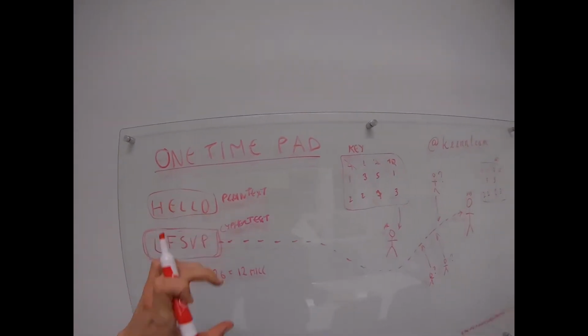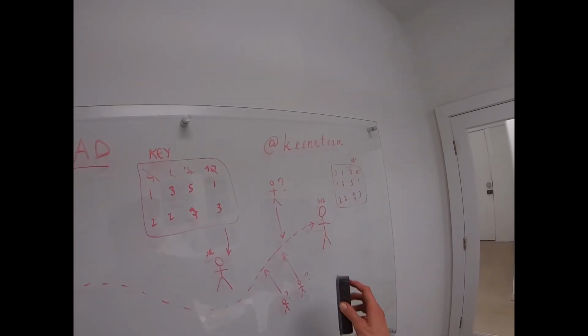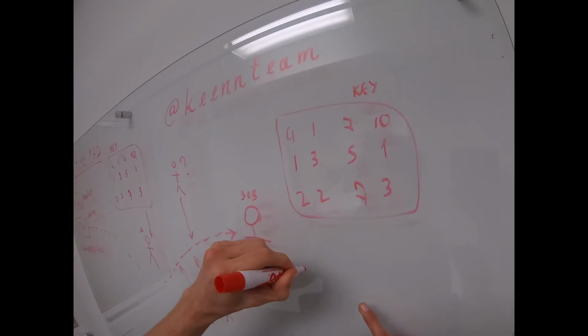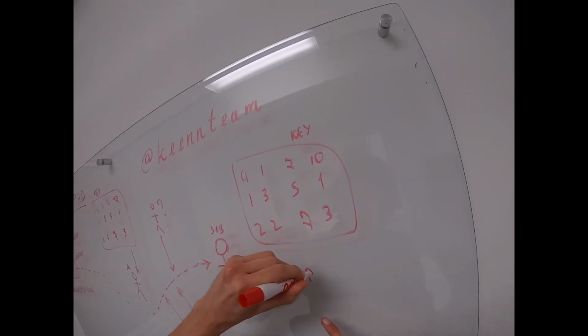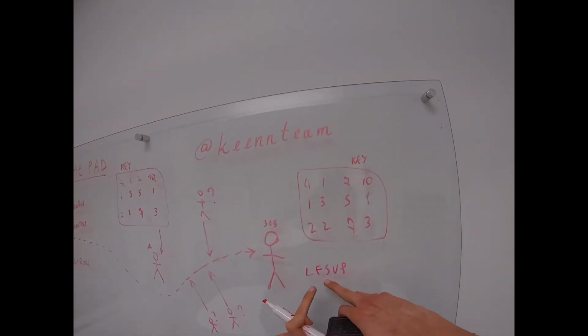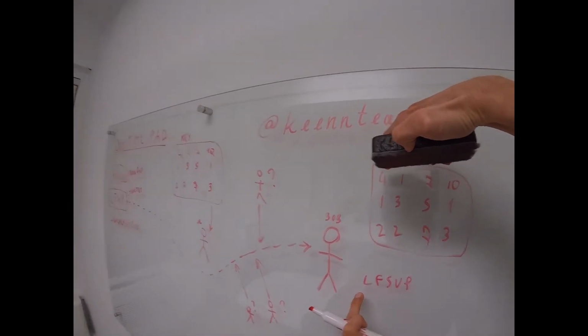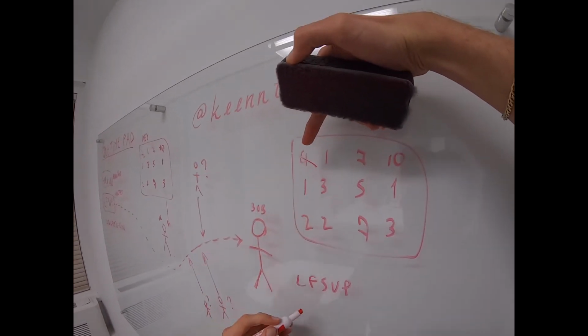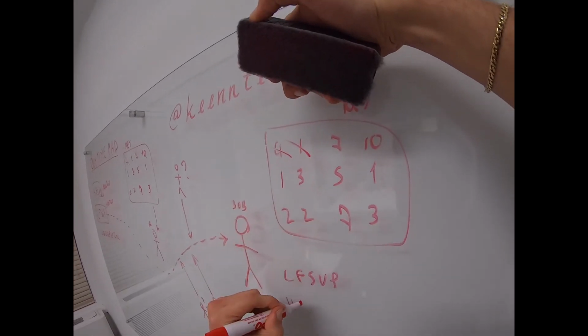Plain text and ciphertext. Okay, very good. Now Bob receives this message, LFSBP, and he's going to go through the same pad in order, because that's what we agreed before, and use the same shifts to bring it back.